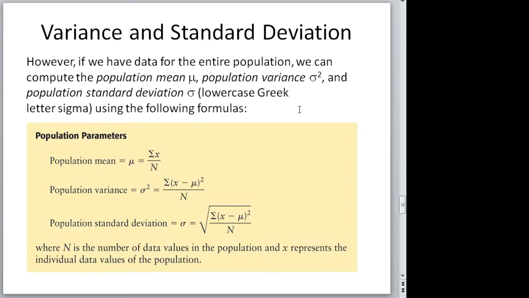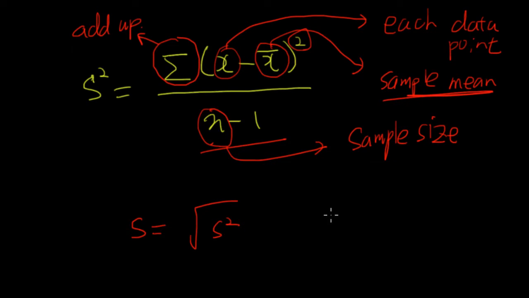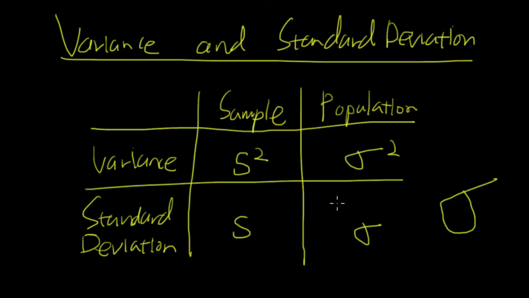It's just that we use different symbols. Now let's go back to this blackboard. Remember that symbol? For population, we use these two symbols, sigma square and sigma, for population variance and population standard deviation, right?